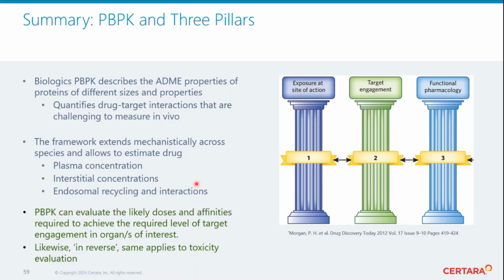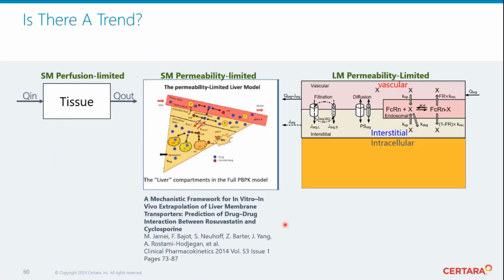So, three pillars. I don't need to convince you that it helps to do the right drug discovery. And just the last slide to leave a bit of a question. In the case of small molecule drugs, we have the diffusion limited model. We also have now permeability limited models for small molecule drugs.